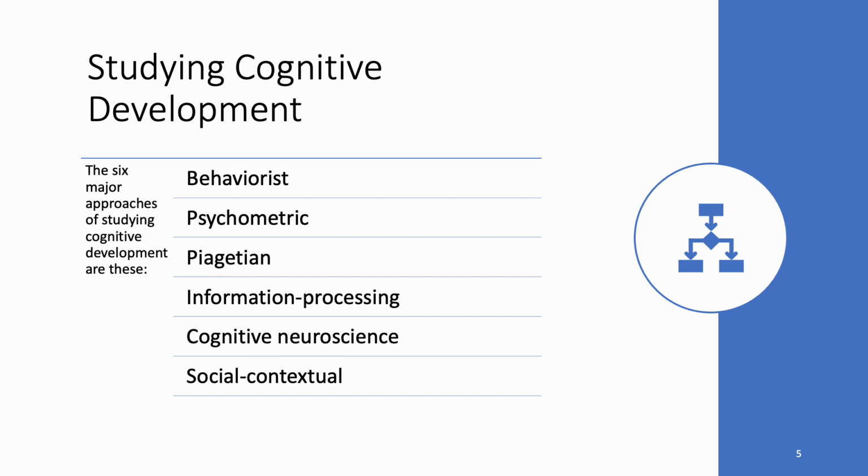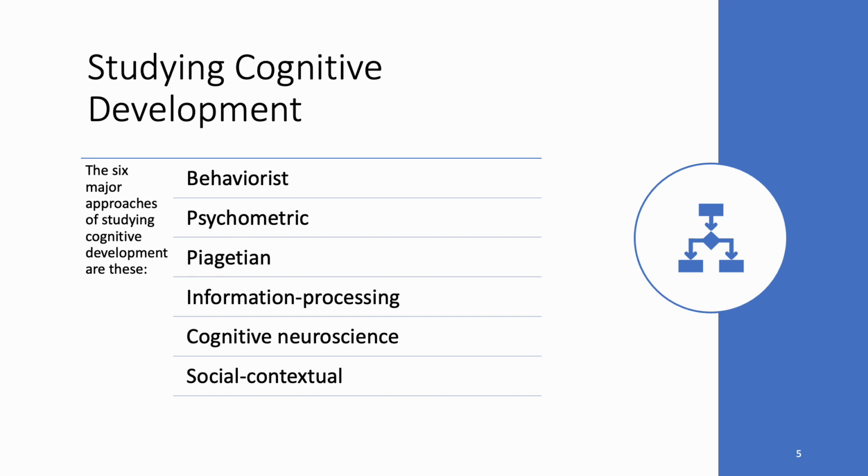The behaviorist approach is an approach to the study of cognitive development that is concerned with basic mechanics of learning. The psychometric approach seeks to measure intelligence quantitatively.